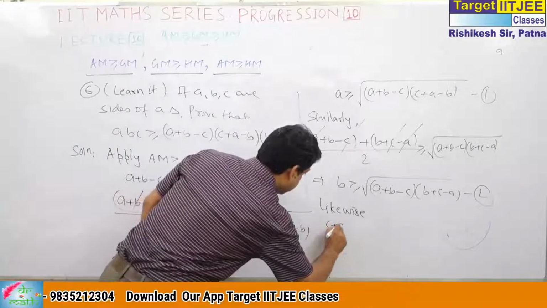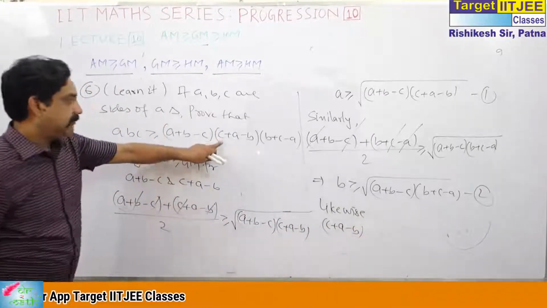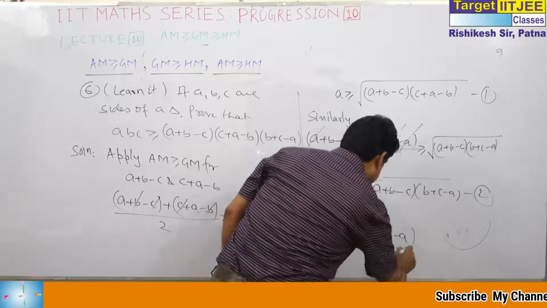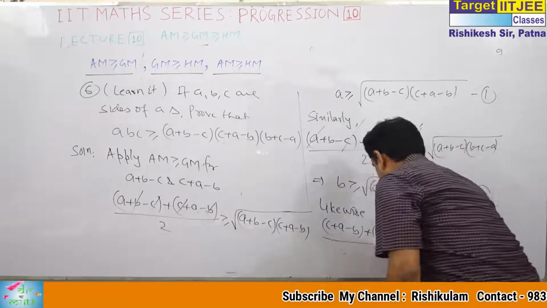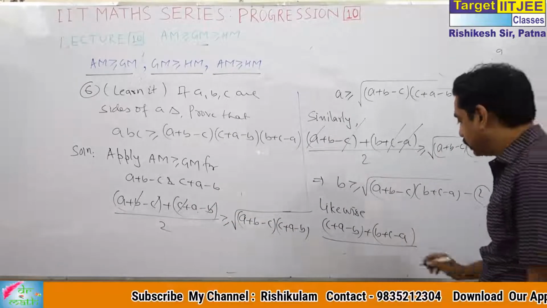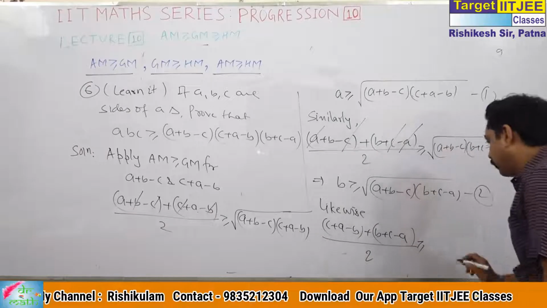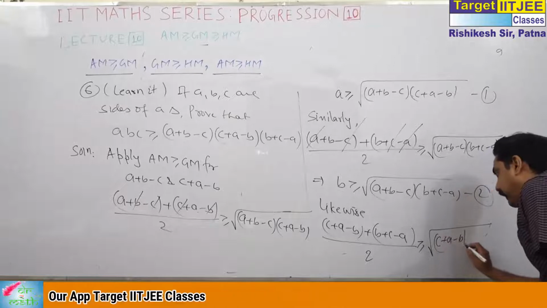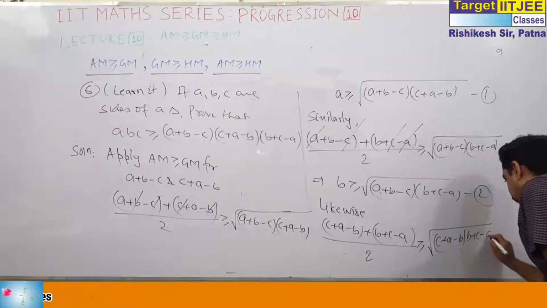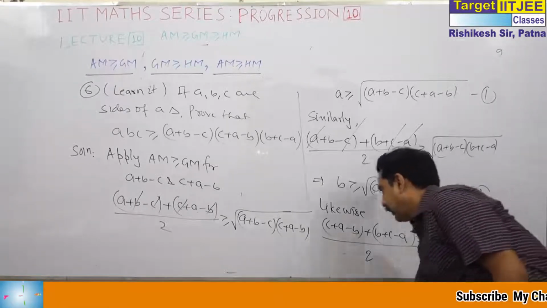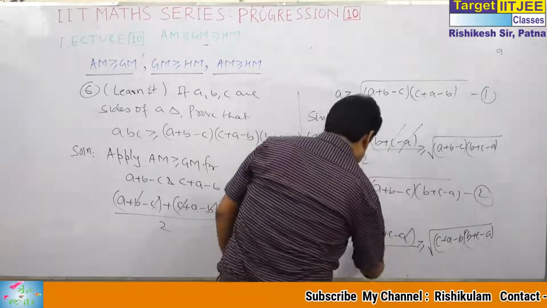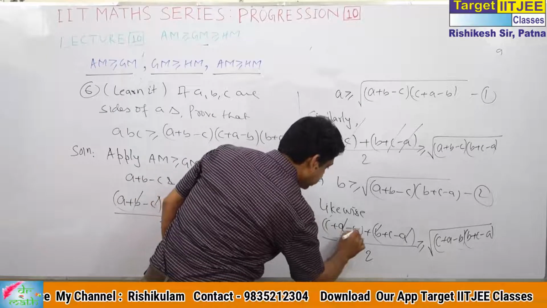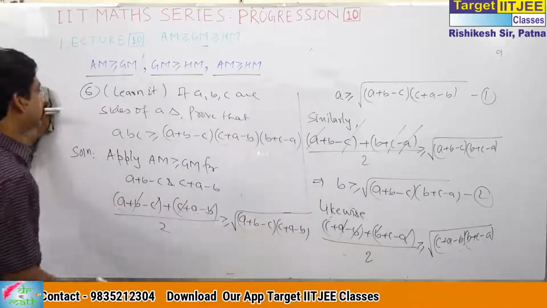Likewise we get (C plus A minus B) plus (B plus C minus A), divided by 2, is greater than or equal to the root of (C plus A minus B) into (B plus C minus A). When we cancel, this time B and B cancel. What do we get?